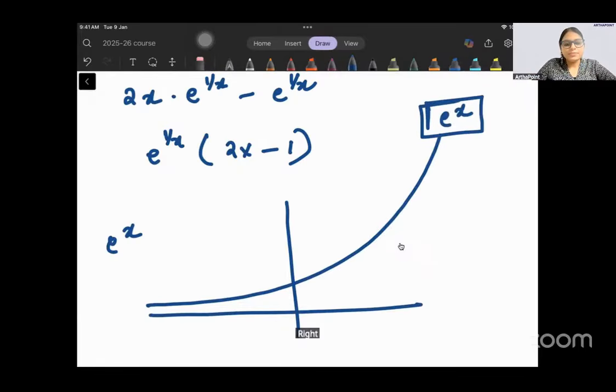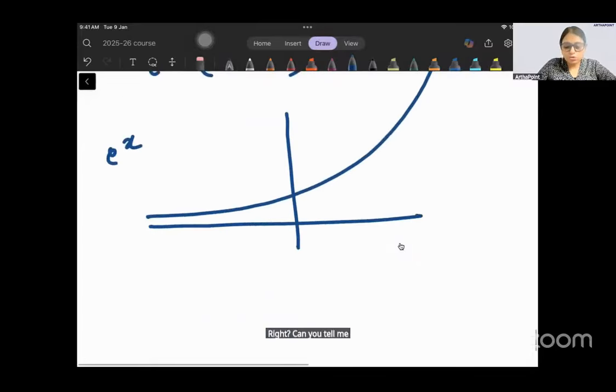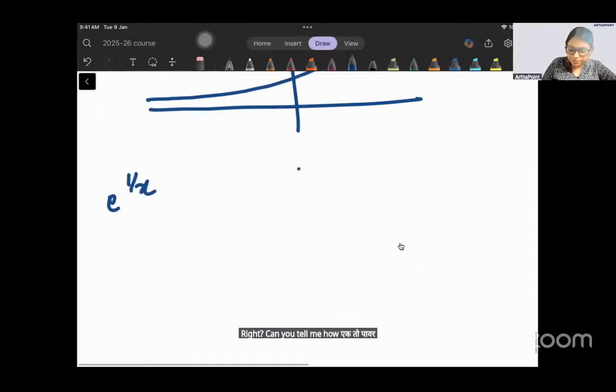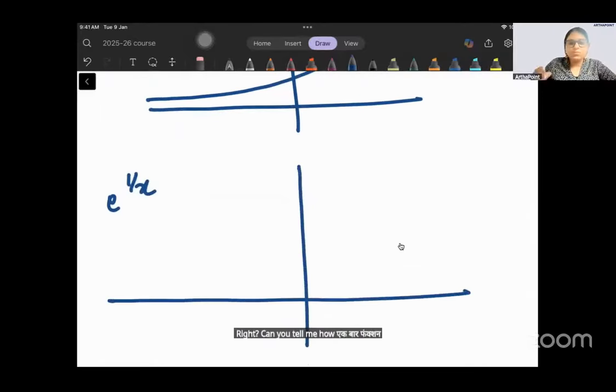Can you tell me how the e to the power 1 by x function will look? Anyone? Will it be a mirror image? Will it be downward sloping?